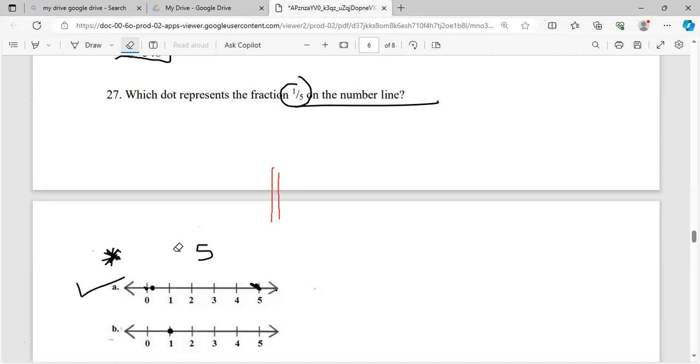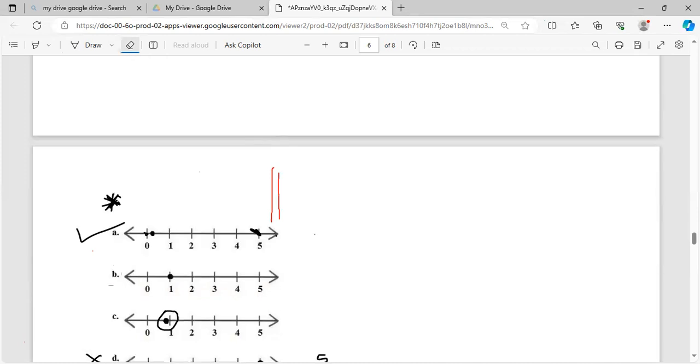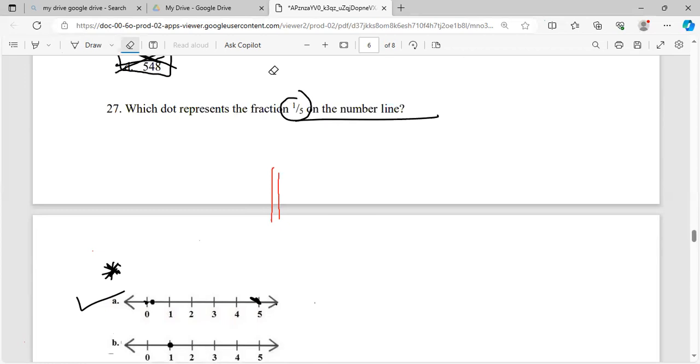So guys, I'm gonna say it's A. They never say off. They say 1/5 on. On means definitely 1/5. If they had said 1/5 of the number line, then it should have been here, but they say on.